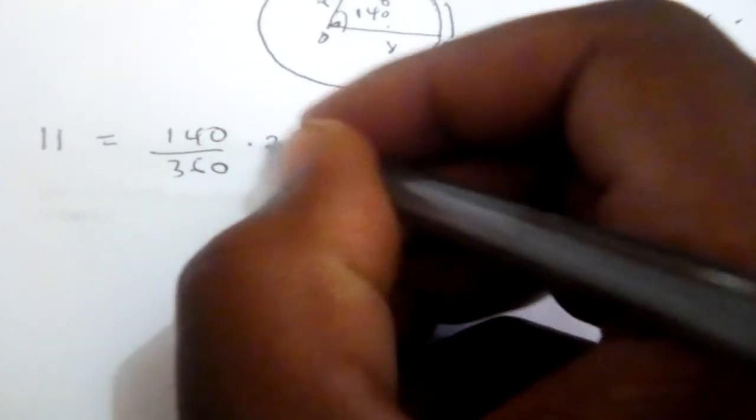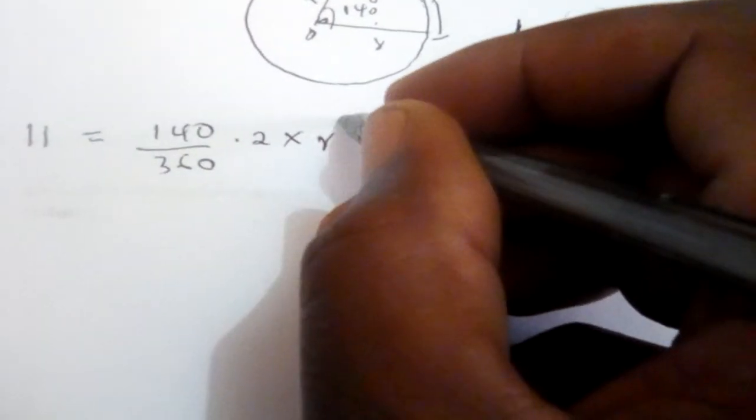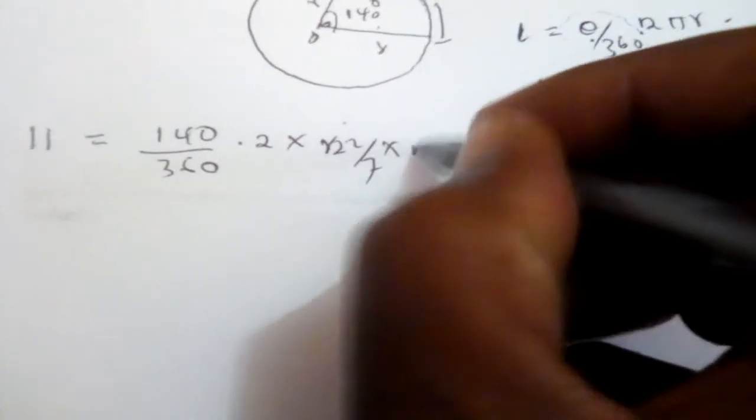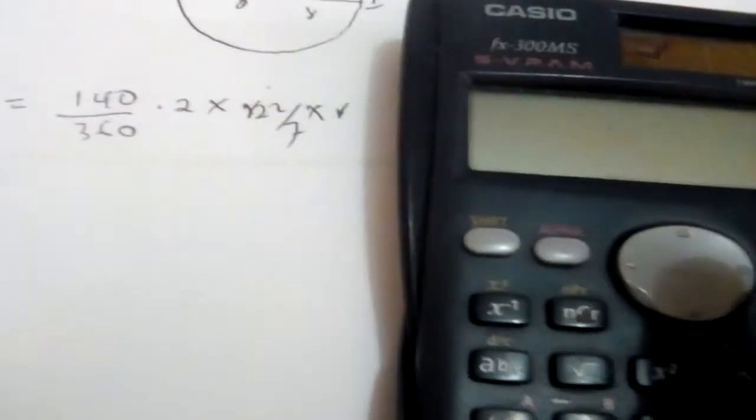Alright, so we start from known to unknown. We know that the length of an arc is 11, so 11 is equal to theta, which is 140 over 360. Why are we doing this? We want to get the radius, times 2 times pi, which is 22 over 7, times the radius. So solving this, allow me to use a calculator to do it quickly.